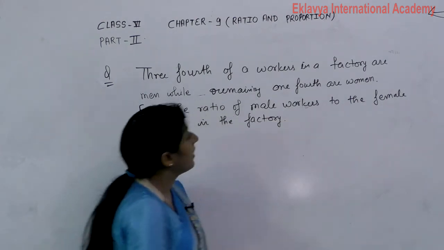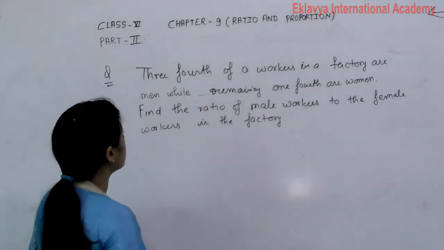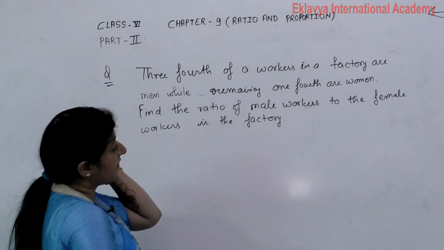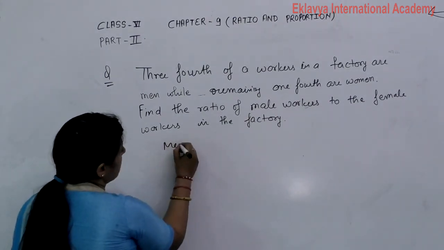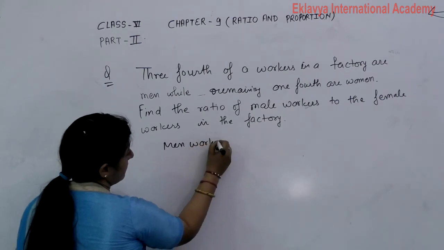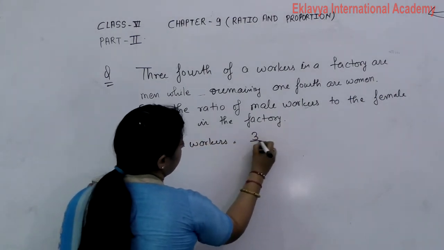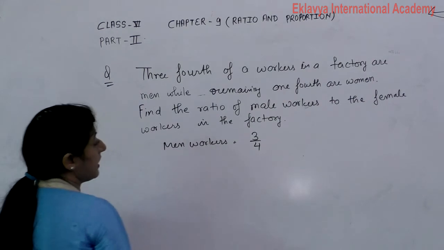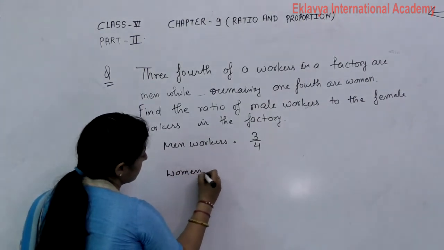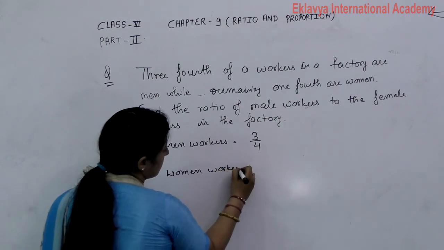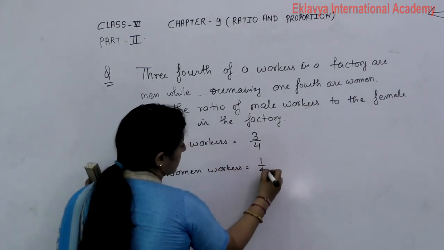See here, in this type of question, 3/4 of the workers in a factory are men. So men workers are 3/4 and women workers are 1/4.